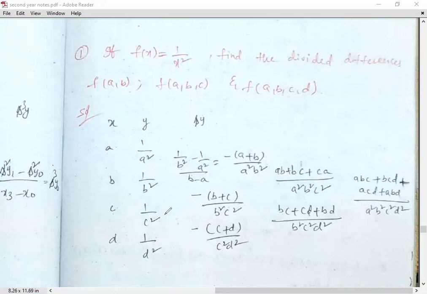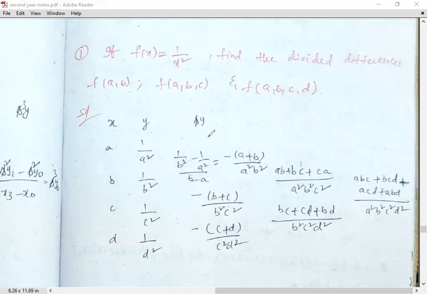Similarly, for the next two successive values, 1 by c square minus 1 by b square by the corresponding x values difference, c minus b. After simplifying that, we got minus of b plus c by b square c square. Similarly, the next difference is 1 by d square minus 1 by c square by d minus c. After simplifying that, we got minus of c plus d by c square d square. These are the first divided differences.